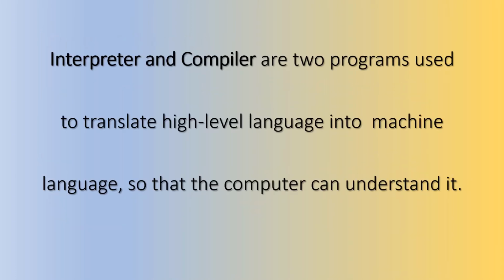Interpreter and compiler are two programs used to translate high-level language into machine language so that the computer can understand it. We have already studied in second generation that assembler changes the assembly language into machine language. In high-level languages, interpreter and compiler do this work.